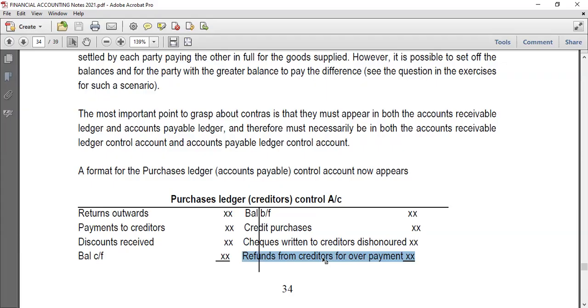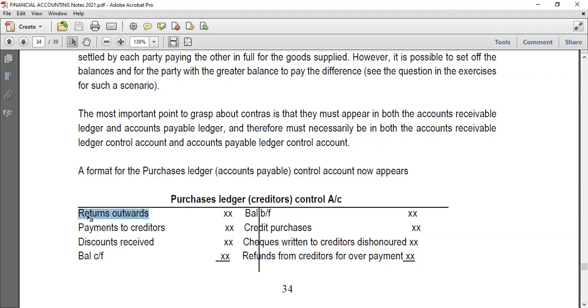All those items that are there are items that re-increase the creditors. Now we have a case here which says the return outwards, okay? Everything that is on this side reduces your creditors.